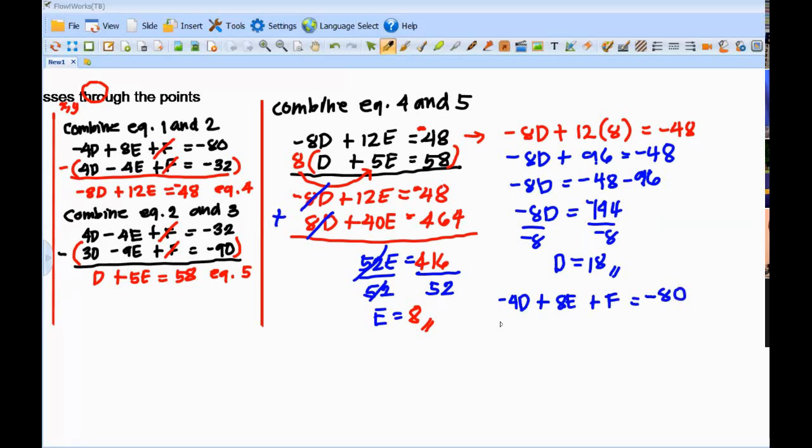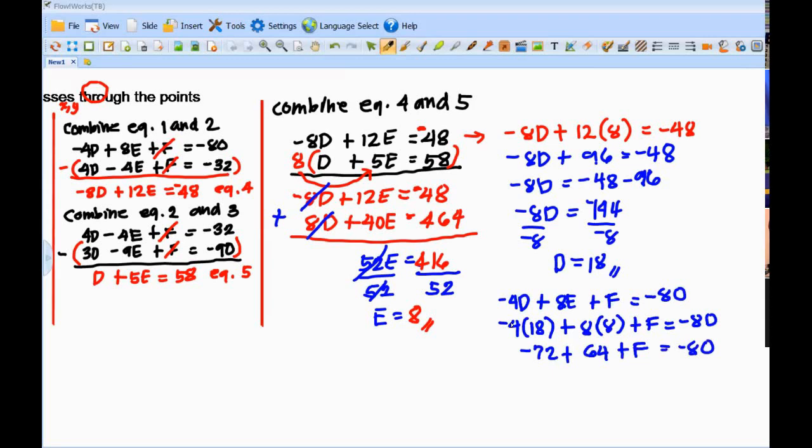So -4 times 18 plus 8 times 8 plus F equals -80. So 40 and 32 is 72, plus 64 plus F equals -80.